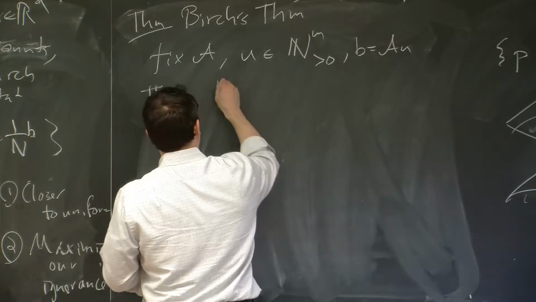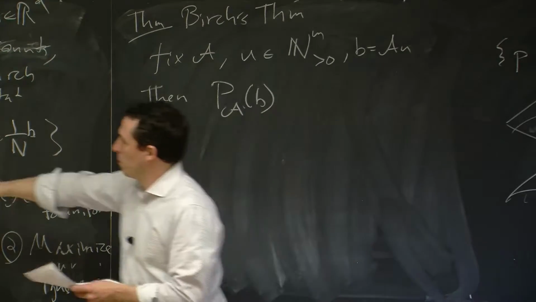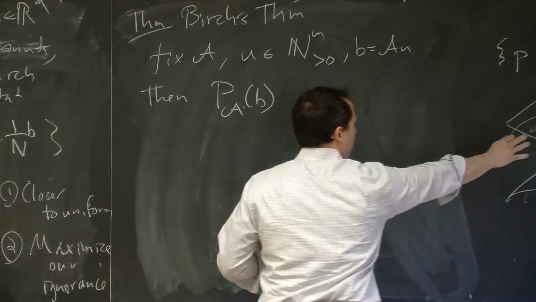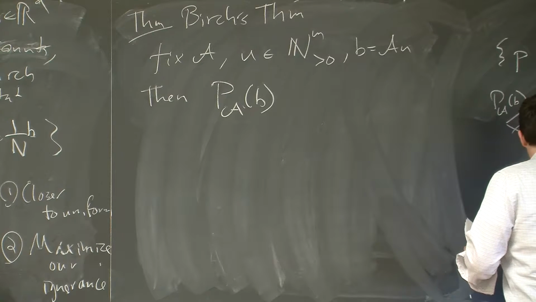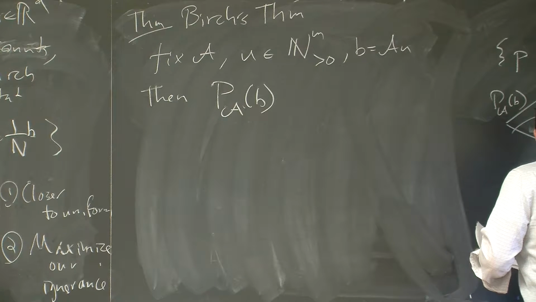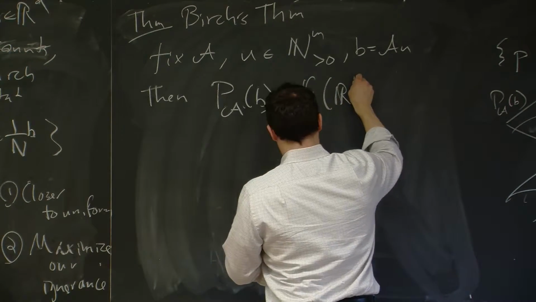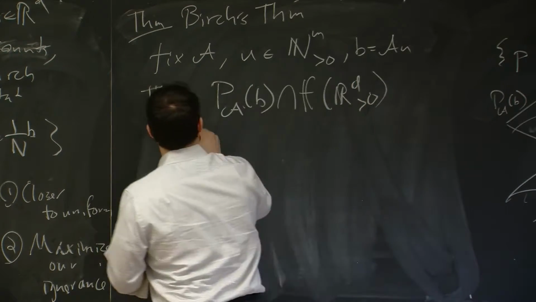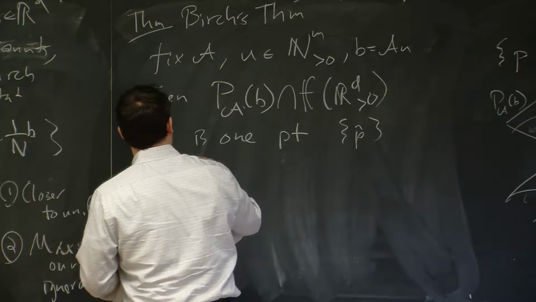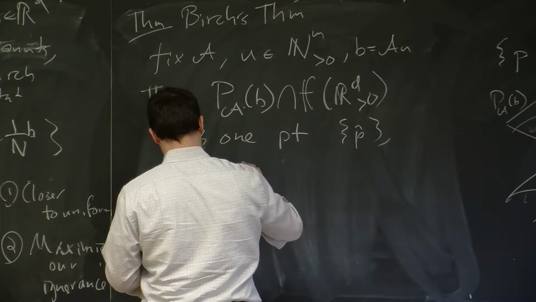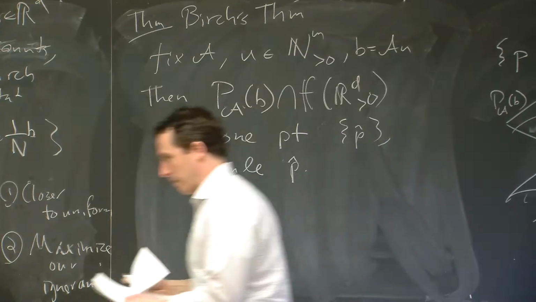Then this polytope P_A of B of feasible points, I intersect that with the set of all the points on my model, and the intersection is one point, which is the maximum likelihood estimate p hat for the model. Right. This is like a miracle. This works out.